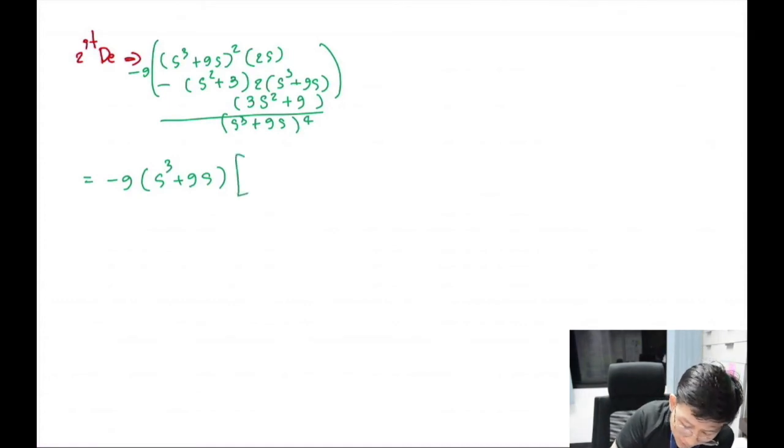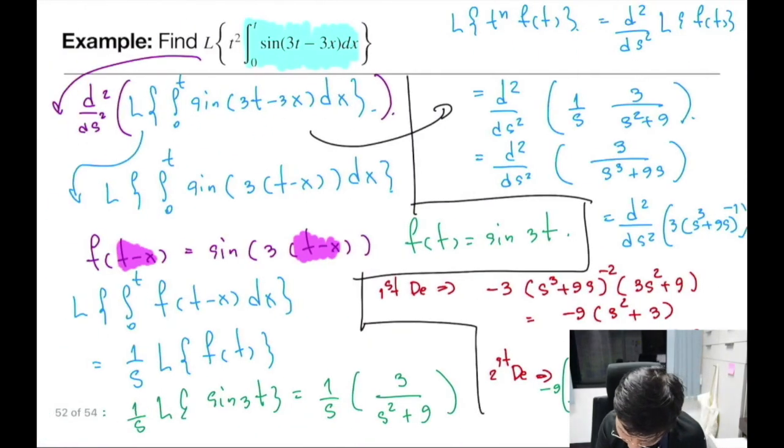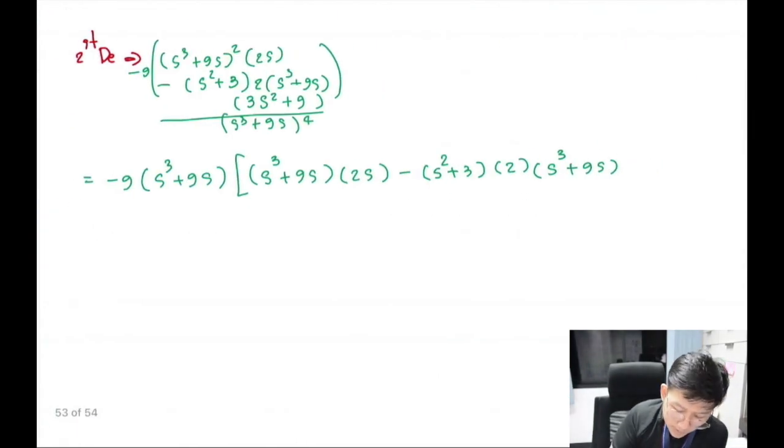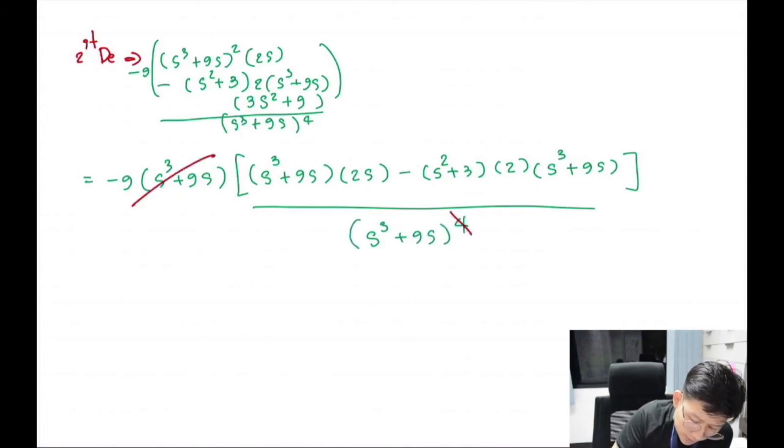So in there, we have (s cubed plus 9s) times 2s, minus (s squared plus 3) times 2 times (s cubed plus 9s), divided by (s cubed plus 9s) to the 4. So this cancels with this, so we get to the 3.